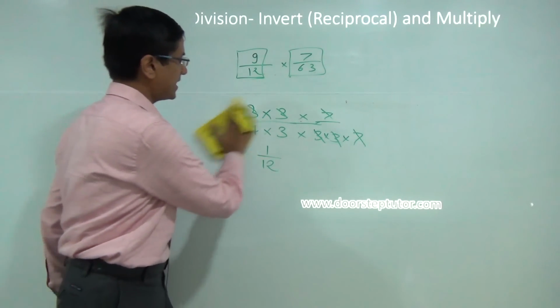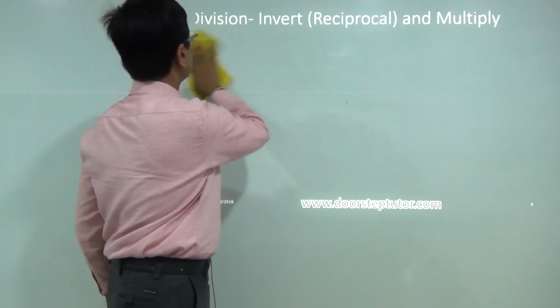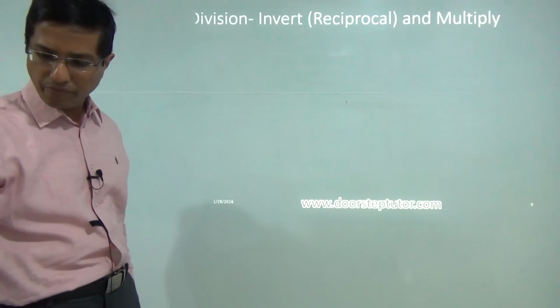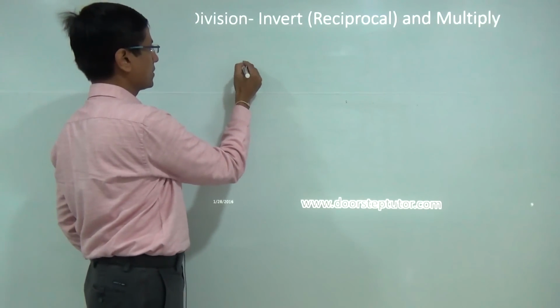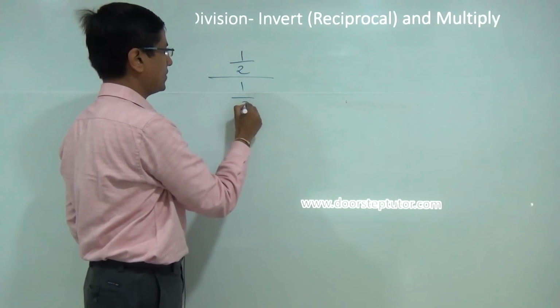Now the third and the last arithmetic operation that we can do with fractions is division. So if I have to divide two fractions, let's say 1 by 2 divided by 1 by 3.